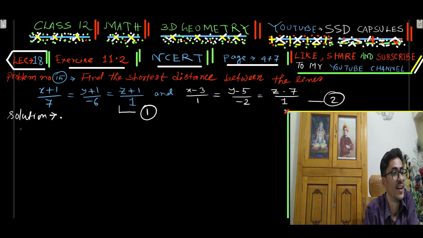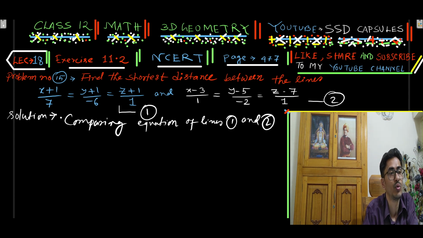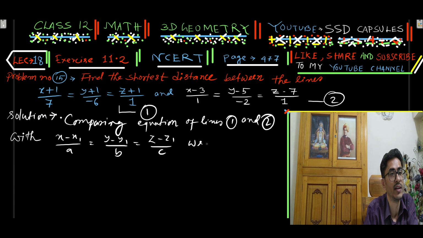So here, comparing the equations of lines 1 and 2 with the standard form of the equation, x minus x1 by a, y minus y1 by b equals z minus z1 by c, we get x1, y1, z1 equal to what?